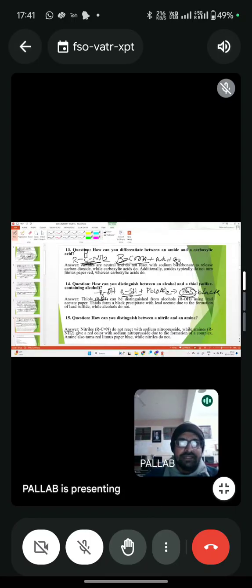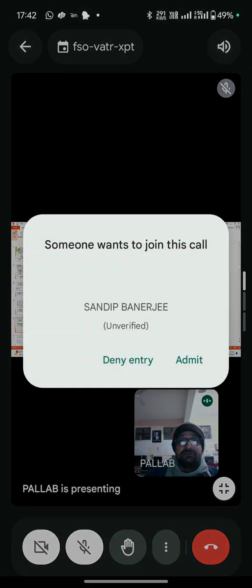But when we do the same reaction with an alcohol, that is, when we react it with lead acetate, we will not observe any reaction. We will not observe any kind of black precipitate because, to form the black precipitate, we need a sulfur atom. So lead sulfide will be formed, and as there is no sulfur atom in the alcohol, the alcohol will not react with lead acetate and will not give us this type of test.